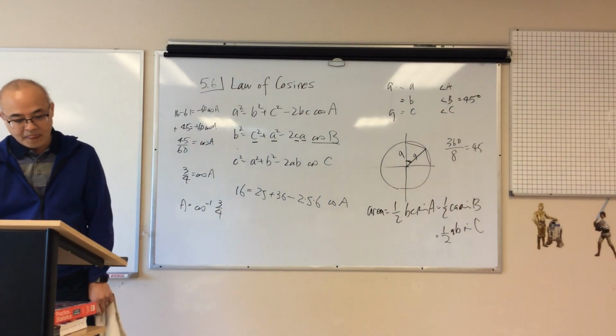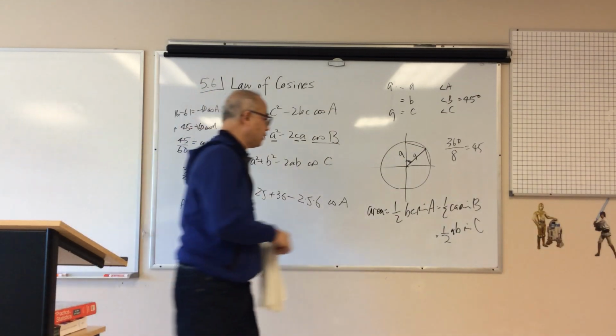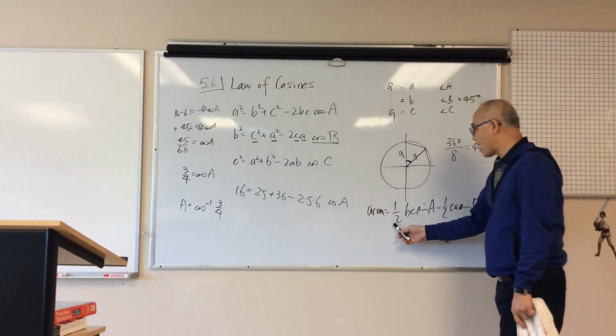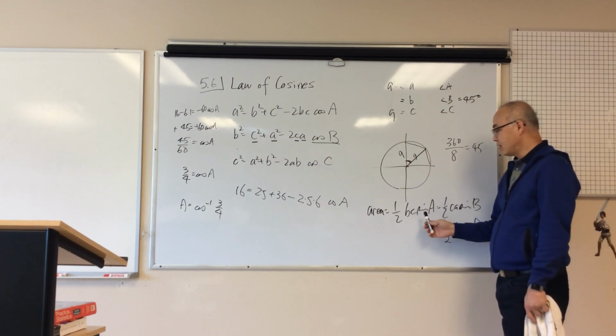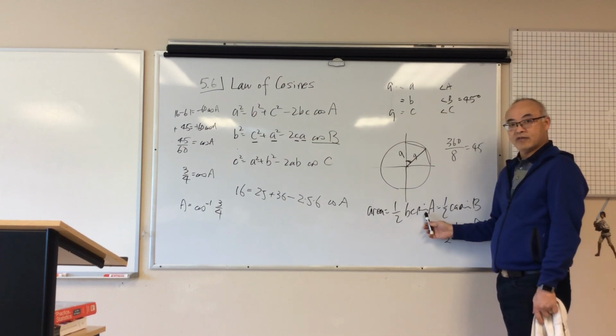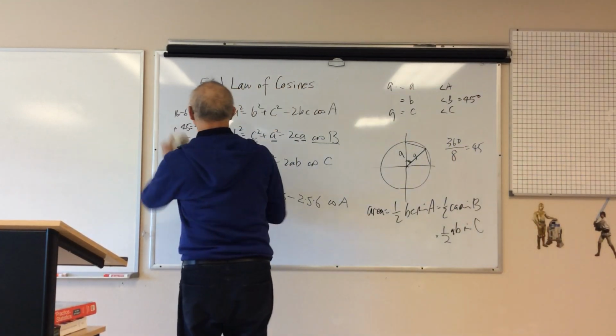All right? So this is what we would use, right? So it'll be 1/2 times 9 times 9 times sine of 45, right?